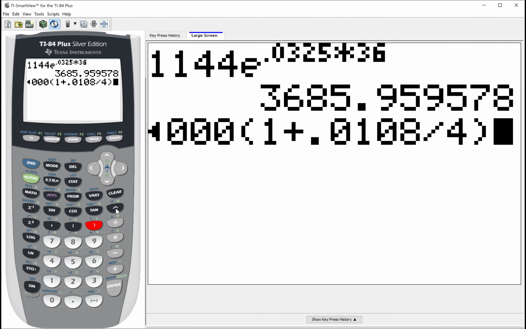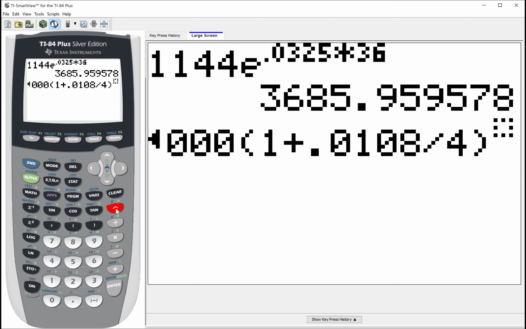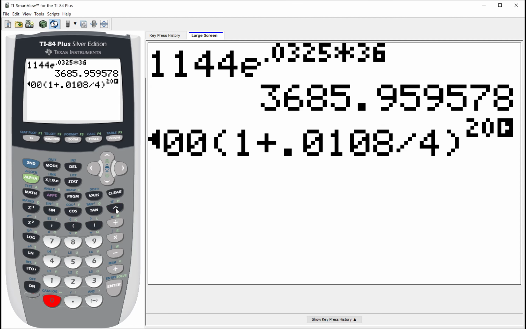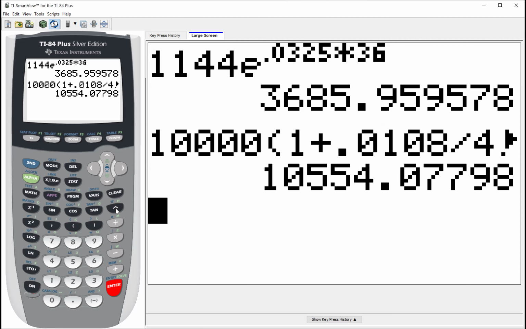Now we're going to raise that to the 4 times 5. You can either type it in as 4 times 5, or if you want to make your life easier, just put 20, because 4 times 5 is 20. And we end up with $10,554.08 if we round to the nearest cents.